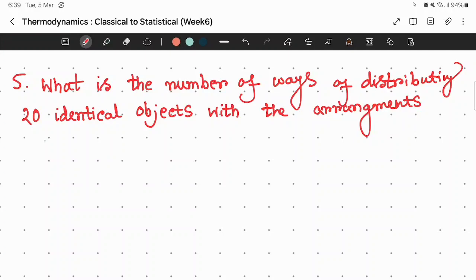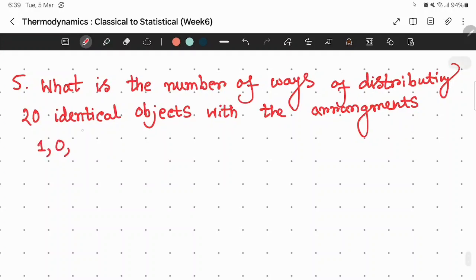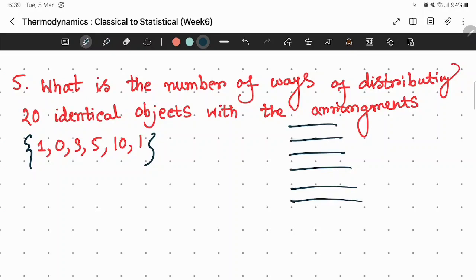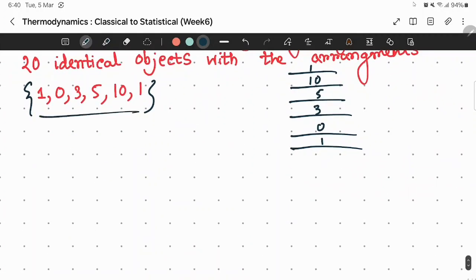The arrangement is 1, 0, 3, 5, 10, 1. So 6 energy levels are there, and for the first energy level, there will be only one particle. After that it is 0, then 3, then 5, then 10, then 1. So in total it is 20 particles. So this is our particular orientation.